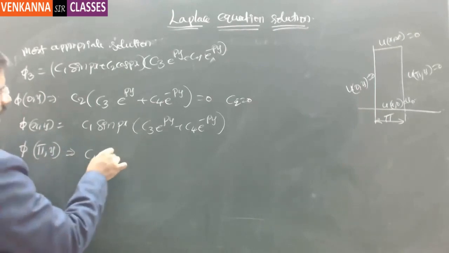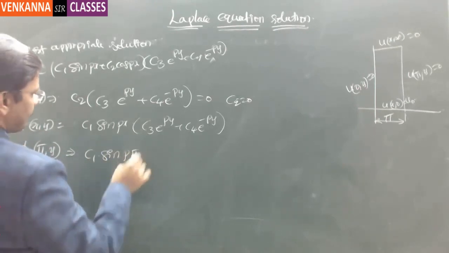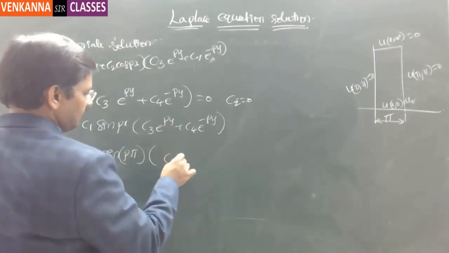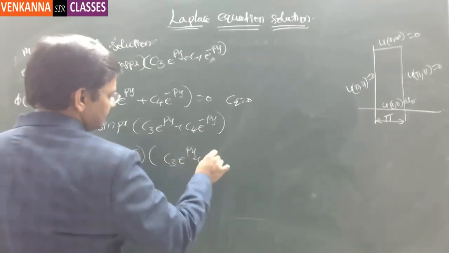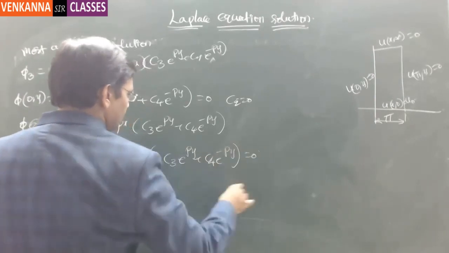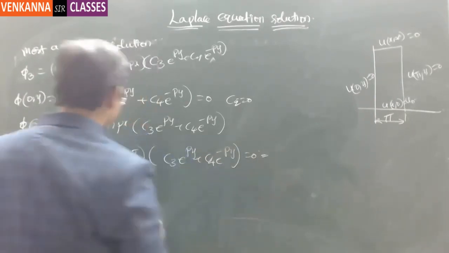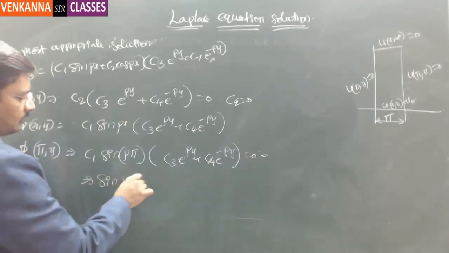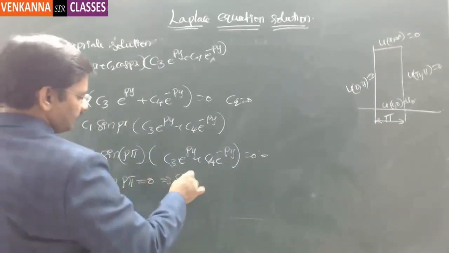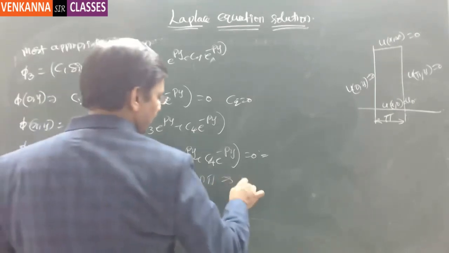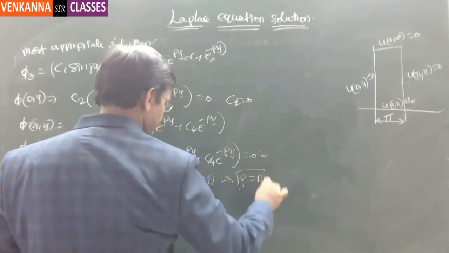So c1 sin p pi into (c3 e power py plus c4 e power minus py) is going to be 0, or in other words, sin p pi equal to 0 equal to sin n pi. It implies p is equal to n.